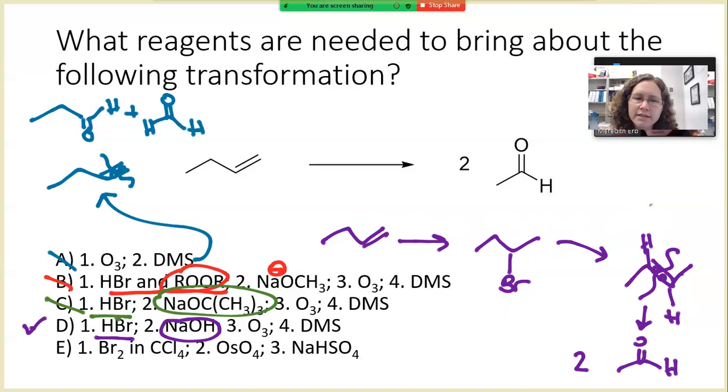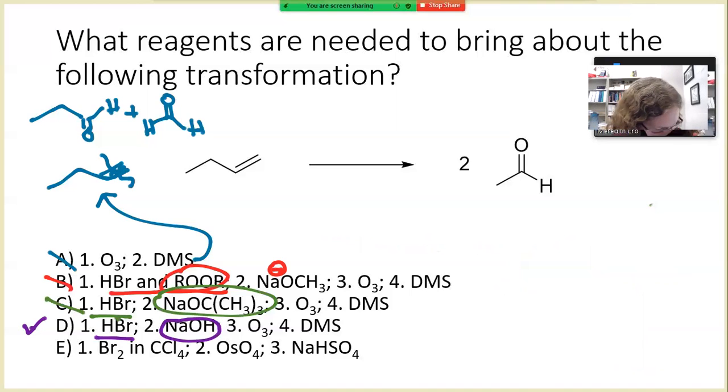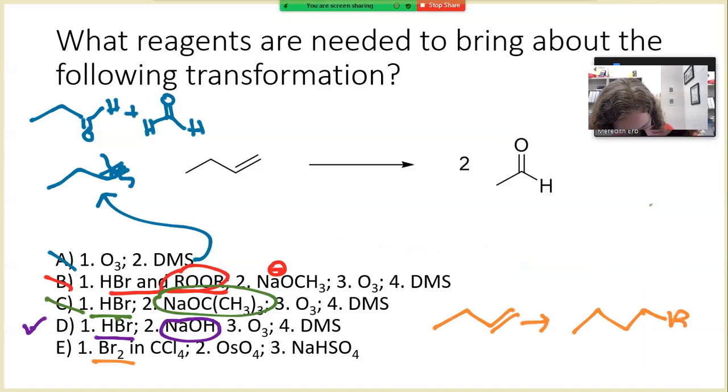But in synthesis, you always want to take into account, is this the most efficient route? So let's take a look at E too, just to be sure that that 3-step, actually 4-step, I'm sorry, synthesis is the best way to go. In E, we are brominating to make this molecule.